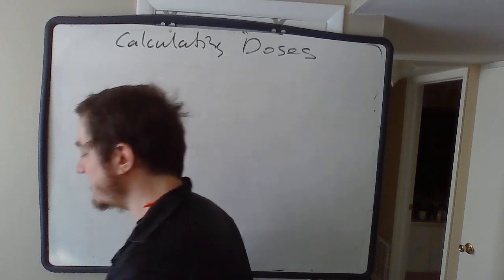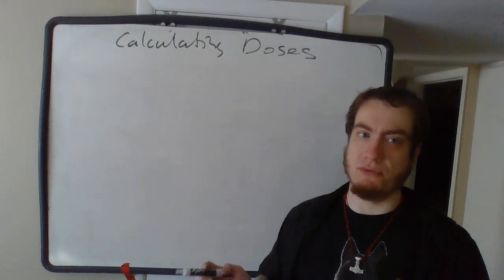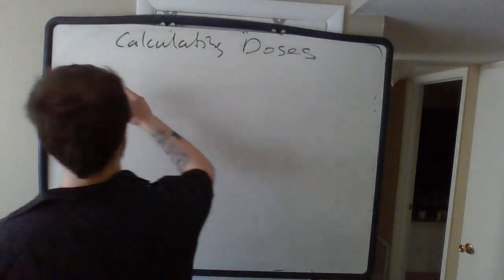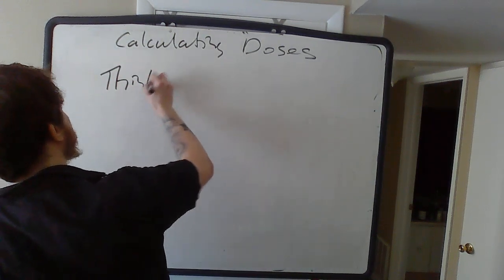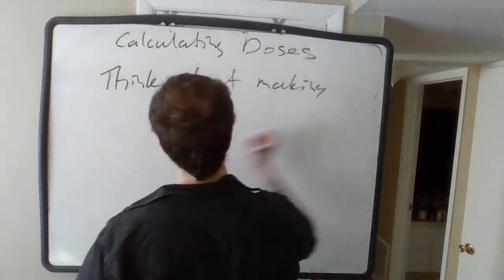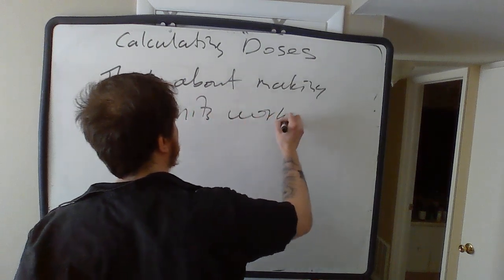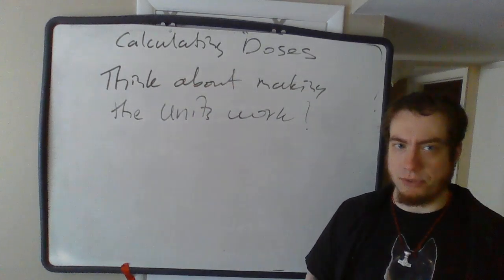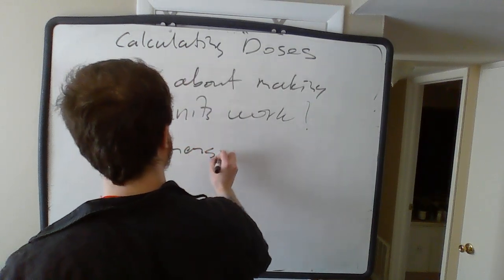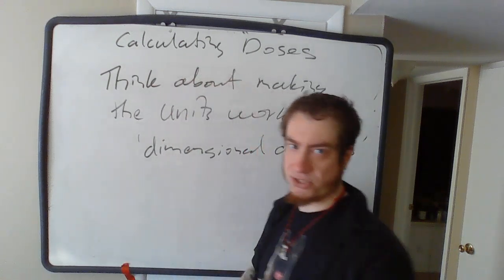And one of the ways that you can make sure that you're working things out correctly, even if you don't just have a formula given to you, is you can think about the units, and think about making the units work. Okay, now this is what some people call dimensional analysis.